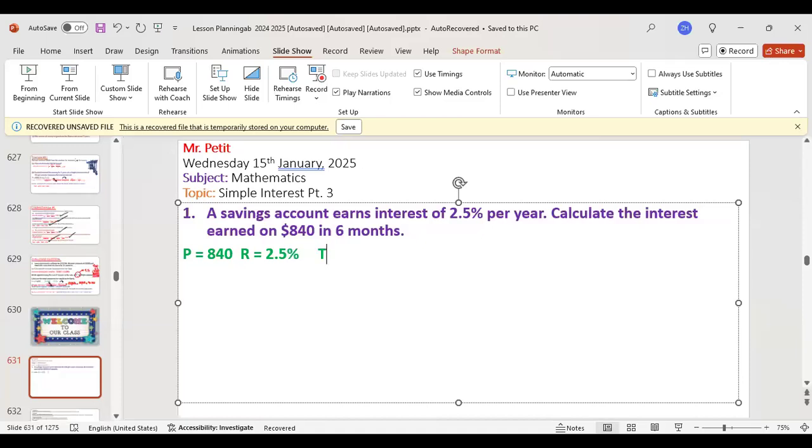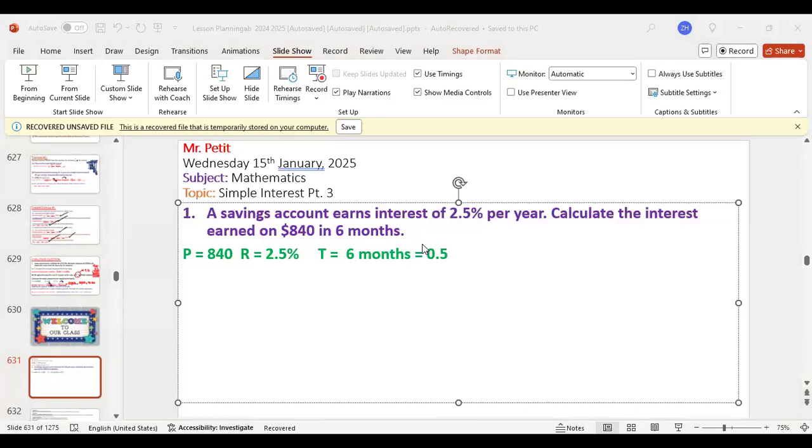And the time is what? The time is 0.5. 6 months, which in this case we're going to say is equal to 0.5 of a year, because that's basically half of a year. All right, y'all understand that? Like 6 months is half a year.